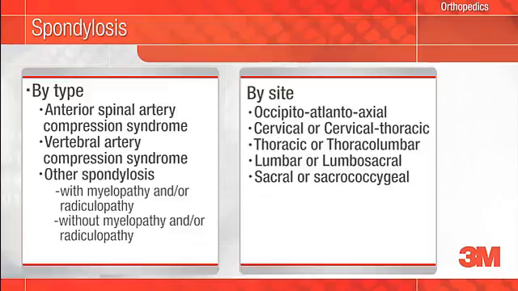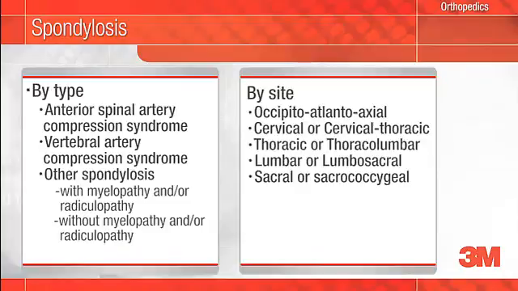ICD-10 classifies spondylosis by type and site, similar to ICD-9. New in ICD-10 are unique codes to report anterior spinal artery and vertebral artery compression syndromes. All other types of spondylosis are differentiated by with or without myelopathy or radiculopathy.